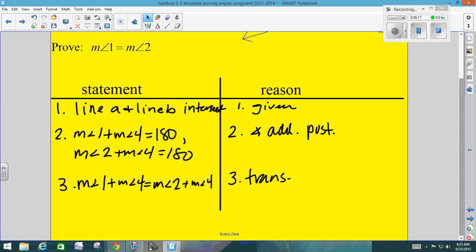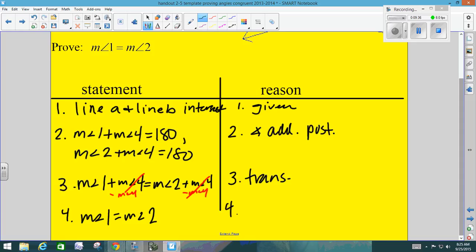We need 1 to equal 2, but there's a 4 in the way. Alex? Yeah, if I subtract the measure of angle 4 from the left side over to the right side, they both end up canceling, and what are we left with? Good, the measure of angle 1 equals the measure of angle 2 by subtraction.